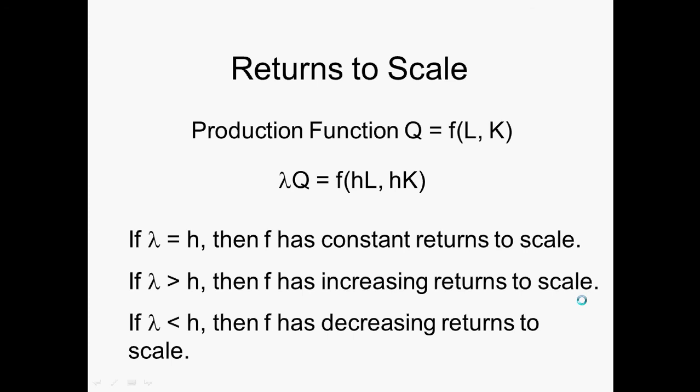You can have increasing returns to scale. That's if you increase labor and capital by the same amount, you actually produce more. Maybe it allows you to have more specialization in what your workers are doing, or more specialized capital. So you have the same total dollar value of capital, but maybe you have more specialized machines that do particular jobs.